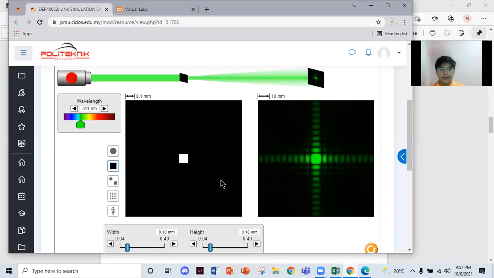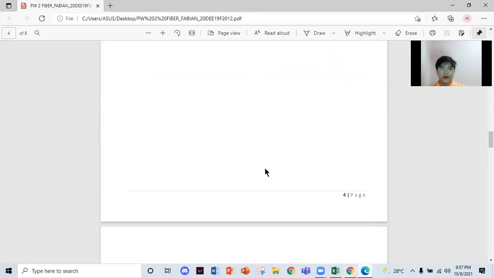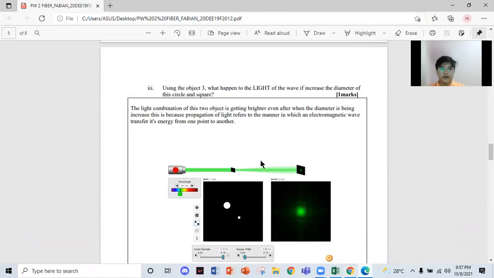So untuk segi 4, sebelum kita increase diameter, dia agak kabur dan agak terang juga. So when we increase the diameter, as you can see, size dia lebih mengecil, manakala cahaya yang terhasil adalah lebih terang berbanding dengan circle tadi. So we move to the next questions.